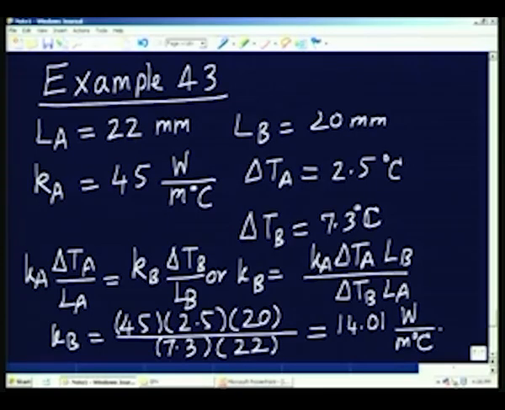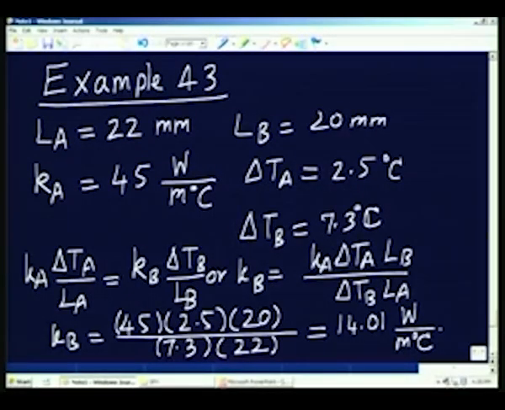It could have been easily visualized. La and Lb are very close to each other, 20 millimeters and 22 millimeters, more or less equal, slightly different. Delta Ta is smaller than delta Tb. Therefore, we expect the thermal conductivity of the second specimen to be lower than that of the standard reference material, which is very clear.